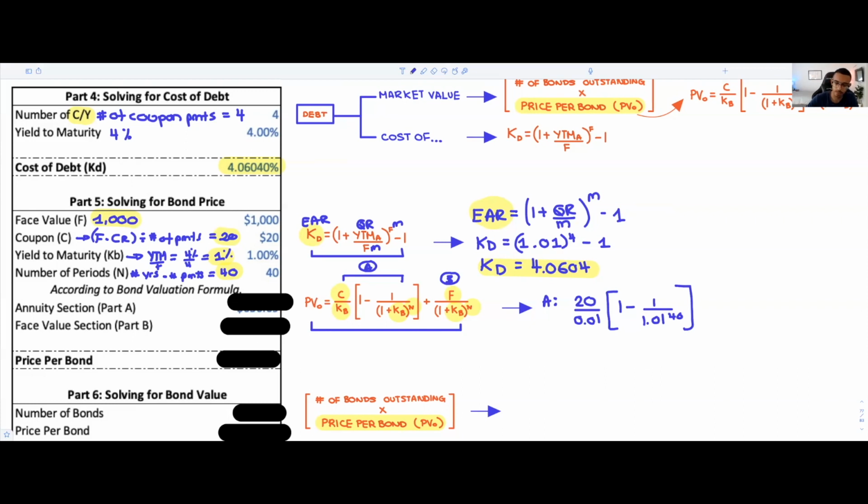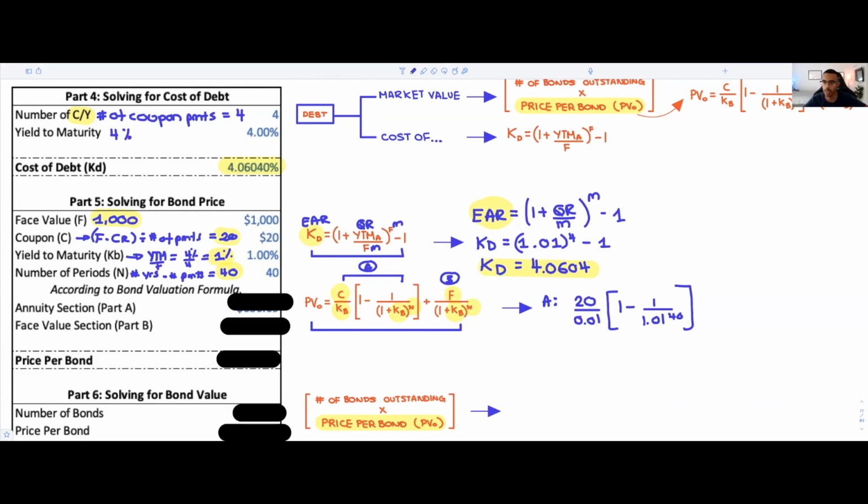I hope we do. It's always a game of hope in life. We're going to get 20 over 0.01 multiplied by 1 minus 1 over 1.01 to the power of 40. Now color me purple if I don't get this correct. Should be good.